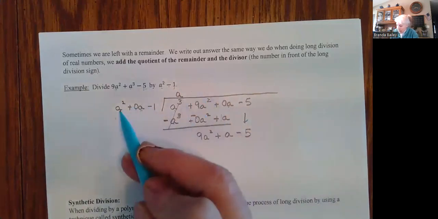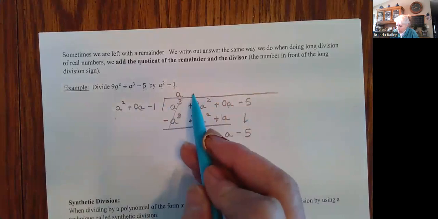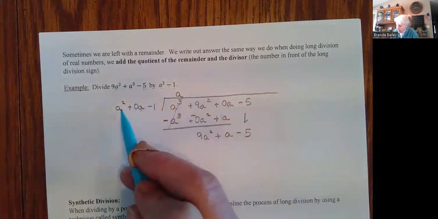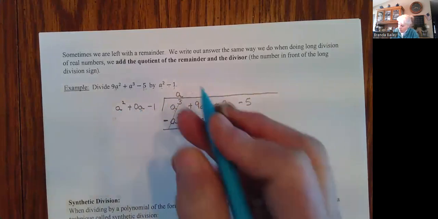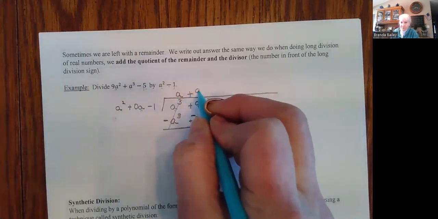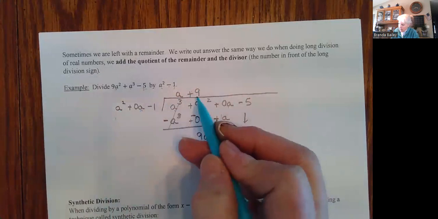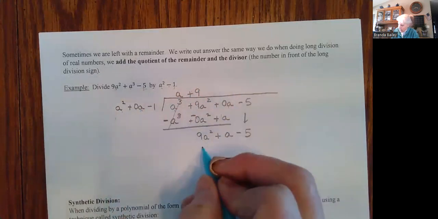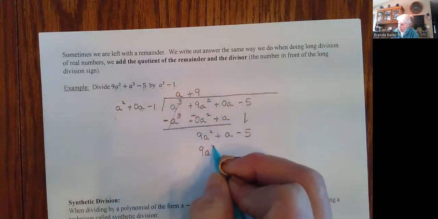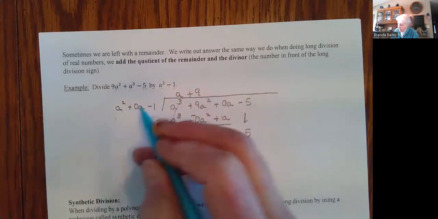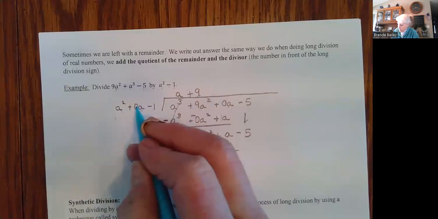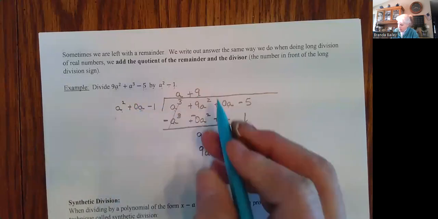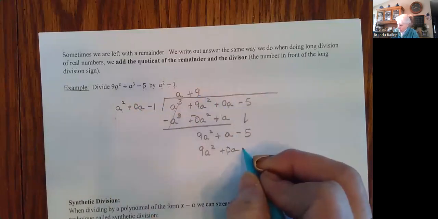What could I multiply the a squared by to get 9a squared? Well, that would be plus 9. 9 times a squared is 9a squared. 9 times 0 is 0a, because 9 times 0 is 0. 9 times a minus 1 is a minus 9.